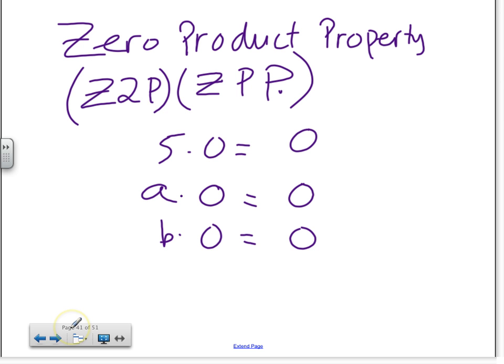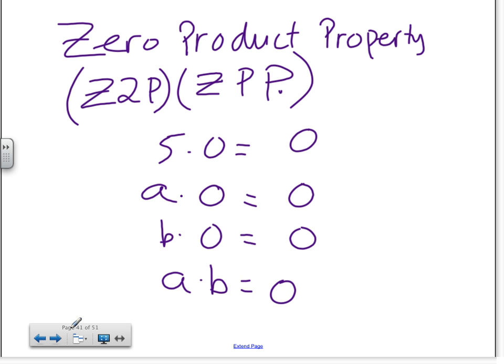What if I have it like this? A times B equals 0. What does it mean? One of them is 0. Could it be both? Yes. Either one could be 0. As long as one of them equals 0, I will always make this true, because 0 times anything is 0.